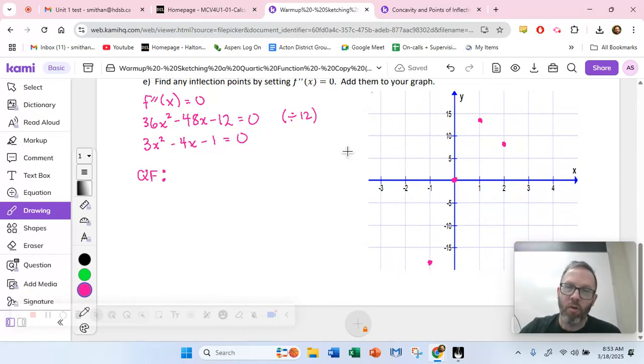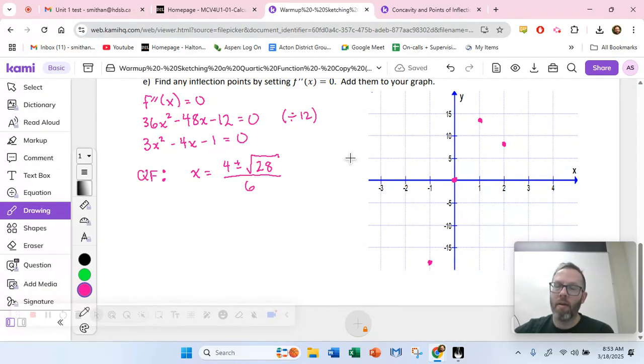I'm actually going to show a little bit of work using the formula. So negative b, so 4, plus or minus the root of the discriminant, b squared minus 4ac, would be 16 plus 12, root of 28, over 2a, which is 6. So I'm just using the quadratic formula.